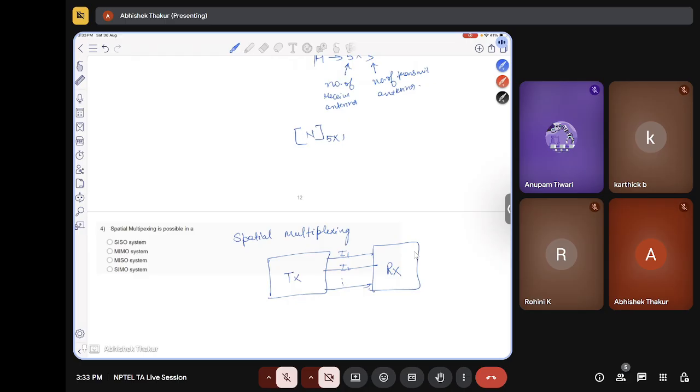So basically, spatial multiplexing is to transmit multiple information streams in parallel. So the correct answer for question number 4 is MIMO system.